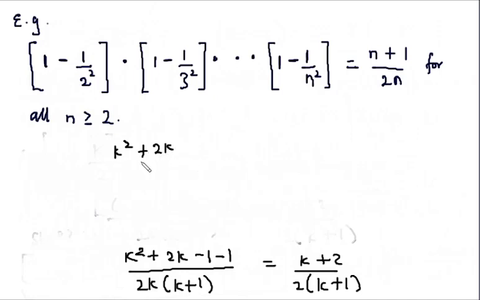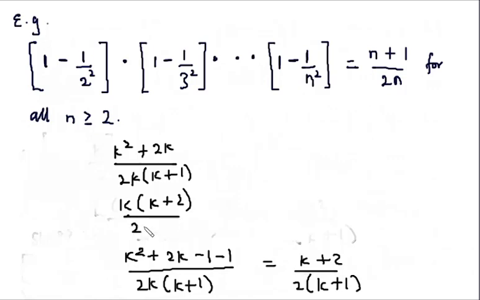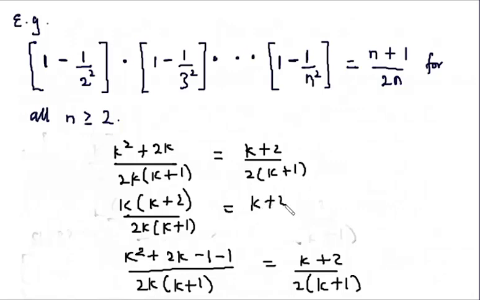So this is divided by 2k(k+1). Okay, so k can be factorized from here. If k is factorized, we have k(k+2), and then here we have 2k(k+1). Remember, this is equal to (k+2)/(2(k+1)), and then this is also equal to (k+2)/(2(k+1)).